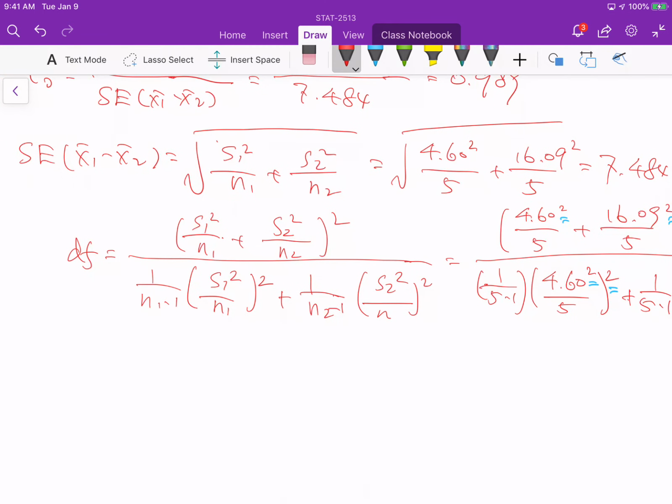And the p-value is similar. Here again we cannot get the p-value by hand. We have to do it using Excel.